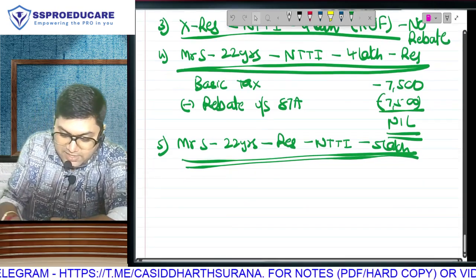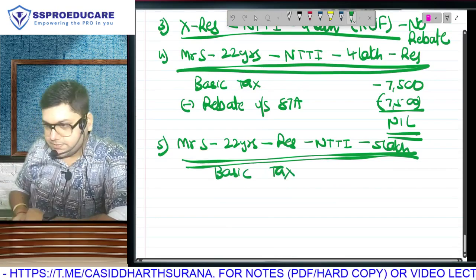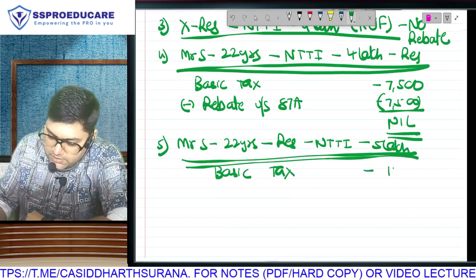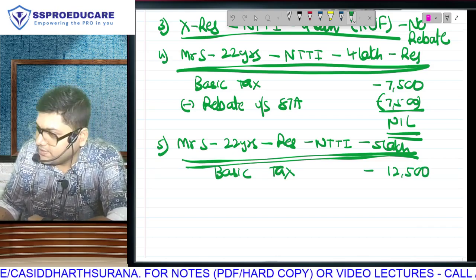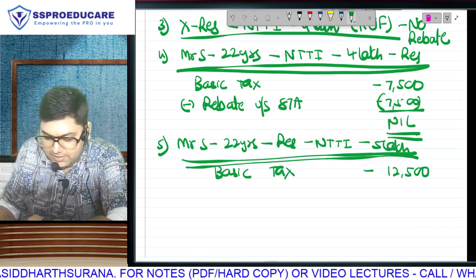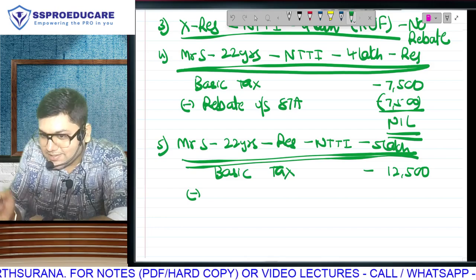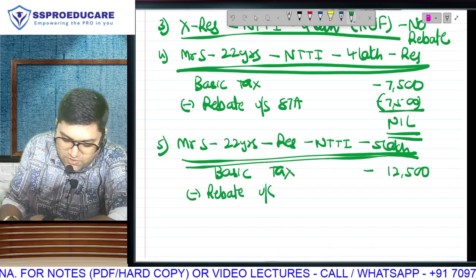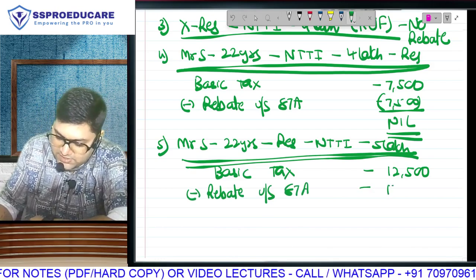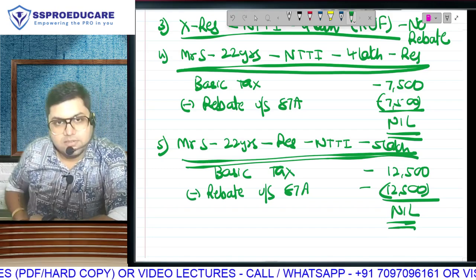But first we will not calculate that. Step number 1, basic tax. 12,500 correct. How? 0 to 250 nothing, and 250 to 5 lakh 12,500, and from this we will subtract rebate, actual tax or 12,500, whichever is low. Obviously same amount, 12,500, making your tax 0.